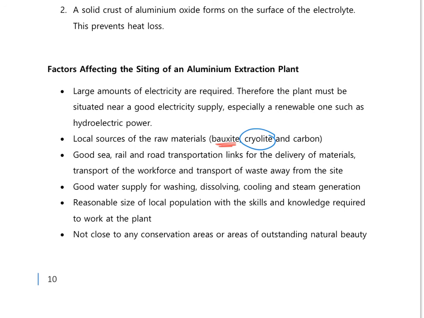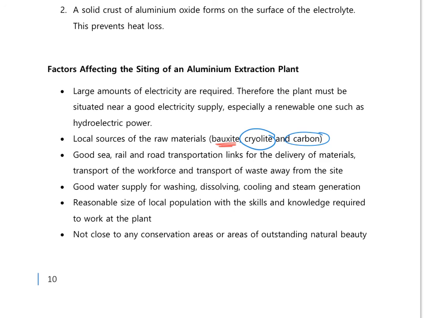So I need cryolite to dissolve my bauxite in, and also carbon for my carbon electrodes, and we've talked about how they need replaced over time, and so it's good to have your aluminium plant located in a place where there is plenty of carbon. Other things to think about are transportation links for the delivery of the materials, and then also to take the aluminium and the waste away from the site.